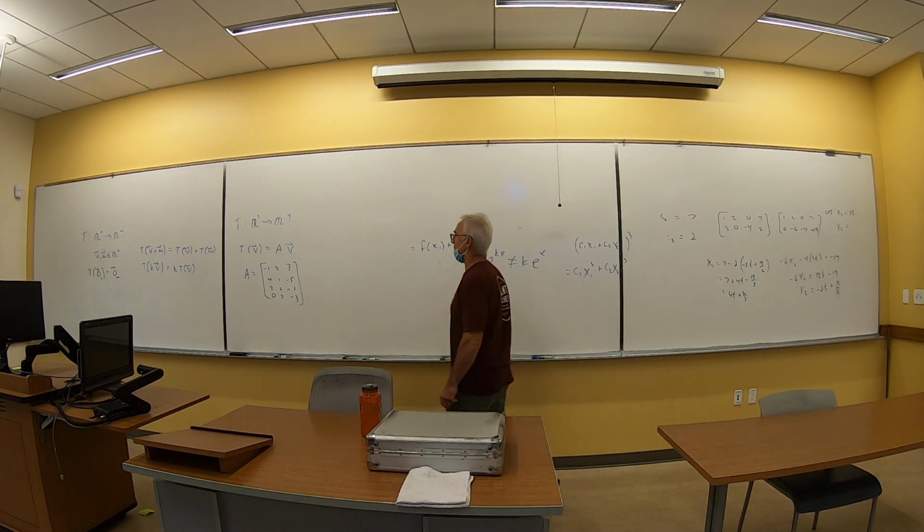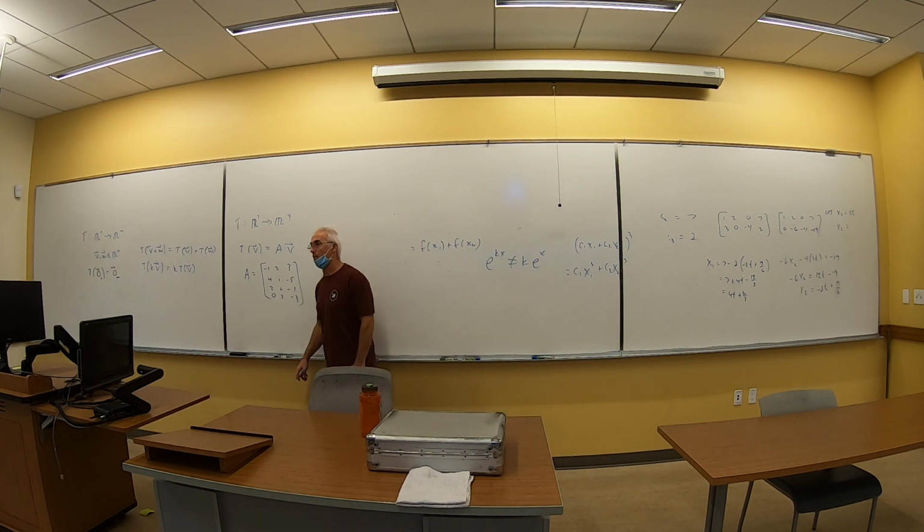I'm defining the linear transformation from R3 to R4 as a product of this matrix times my input vector.